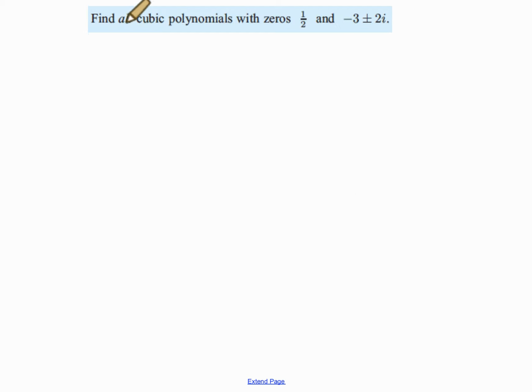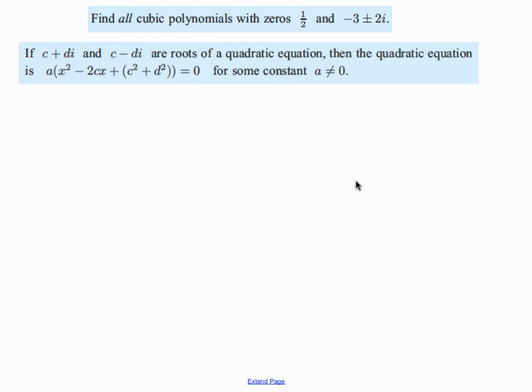Now, we're going to find all the cubic polynomials that have zeros of 1/2 and negative 3 plus or minus 2i. And even though we're finding all cubic polynomials, we can still use this formula that we have to find the equation given complex roots. So let's do that real quick.